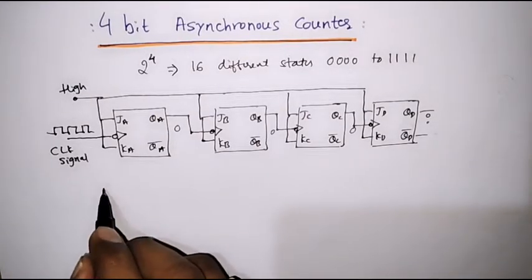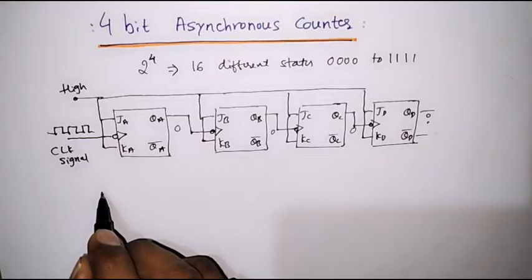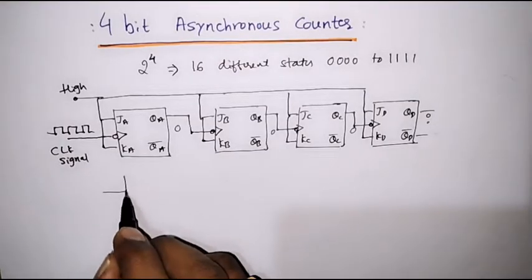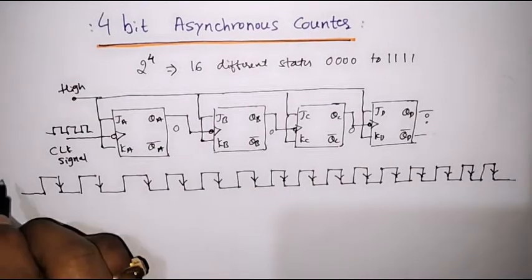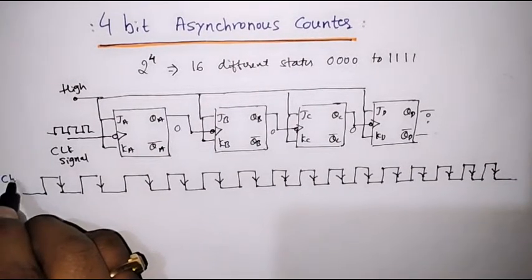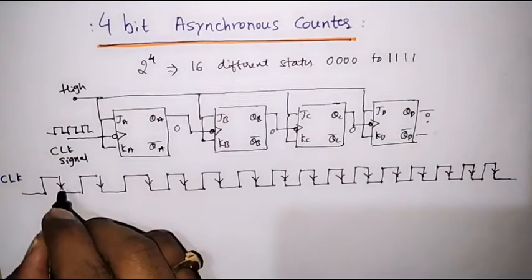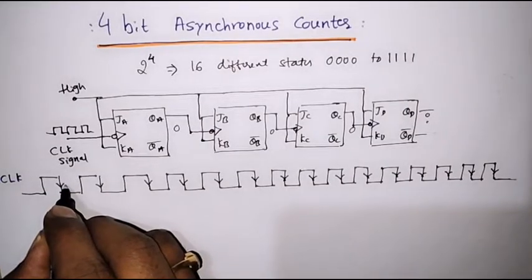Let's draw the clock signals. Let's assume that this is the clock signal. This is the first clock signal.